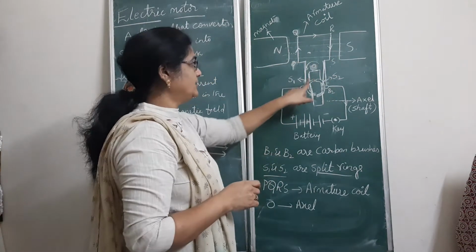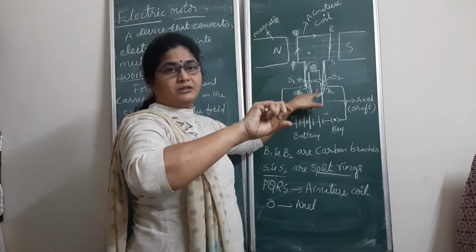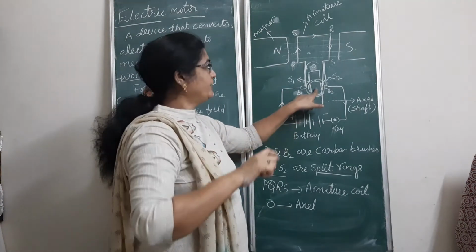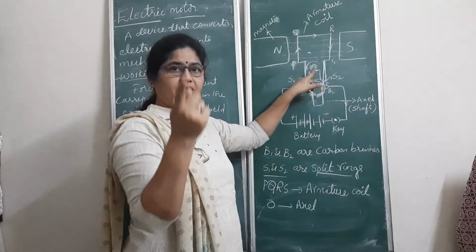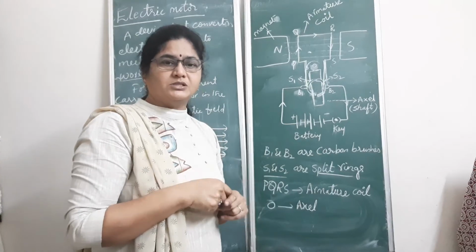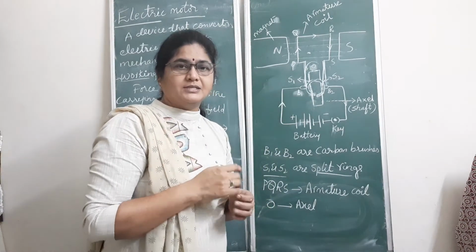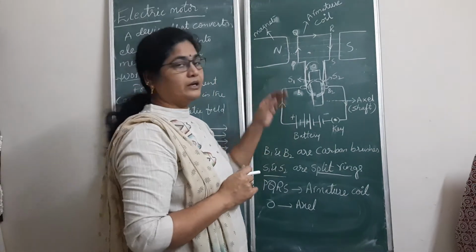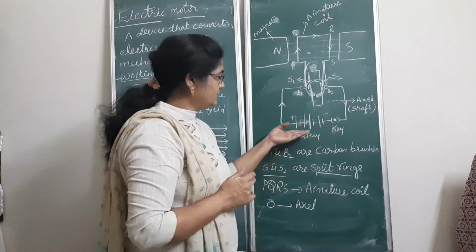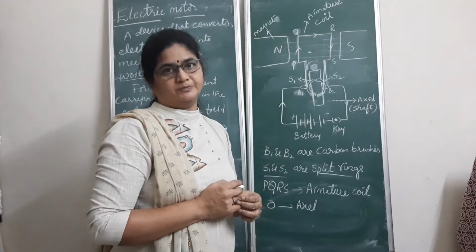As a result, this axle rotates through 360 degrees. If you attach a fan to the axle, along with the axle, even the blades of the fan start rotating. So it will continue further. As a result, we have a continuous rotation in the electric motor. In that way, electrical energy is converted into mechanical work.